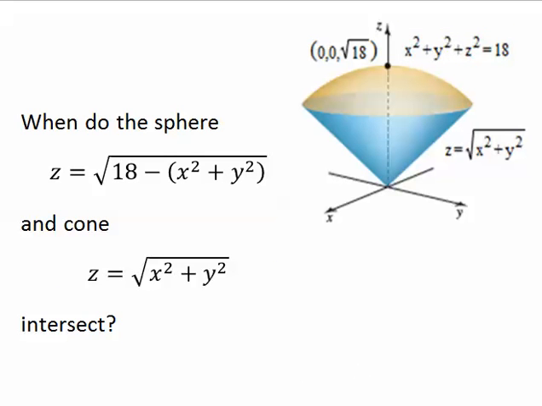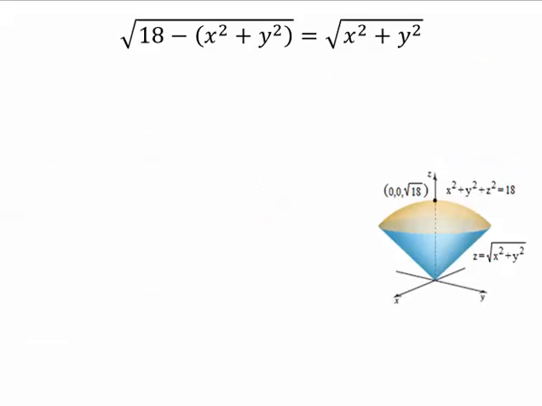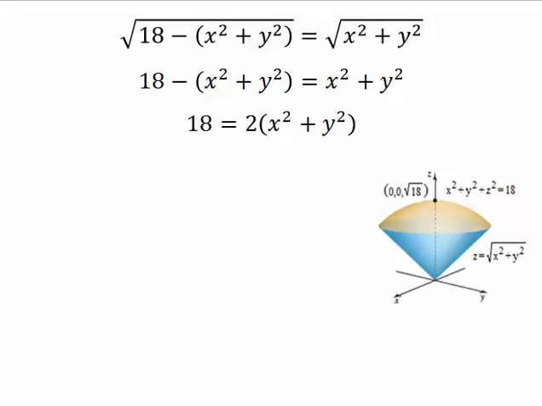Where do the sphere and the cone intersect? This will help me set up my bounds of integration. I set the two functions equal to each other, square both sides, get x squared and y squared all over to the right-hand side, divide by 2.